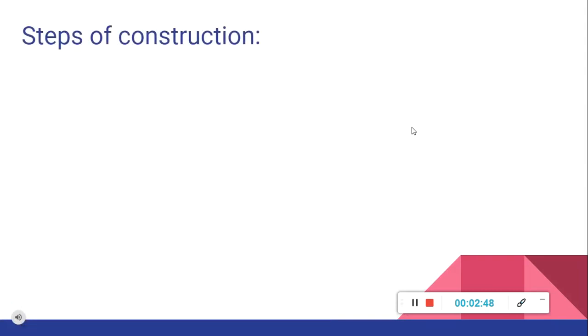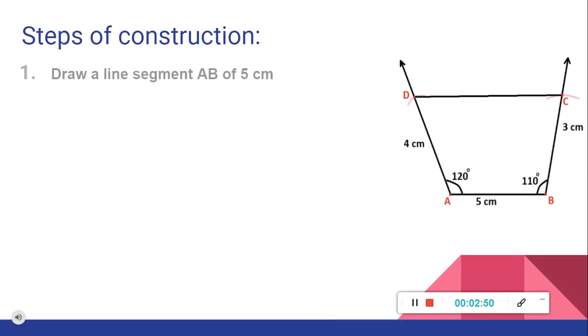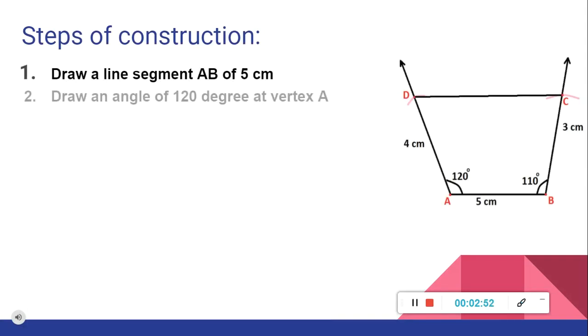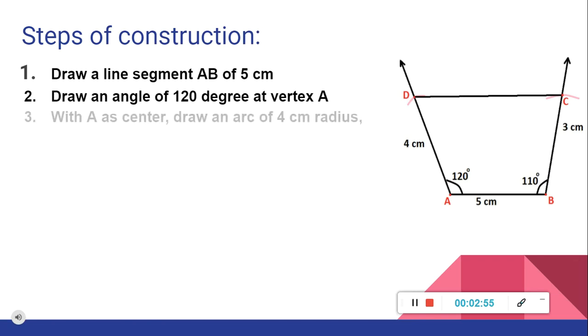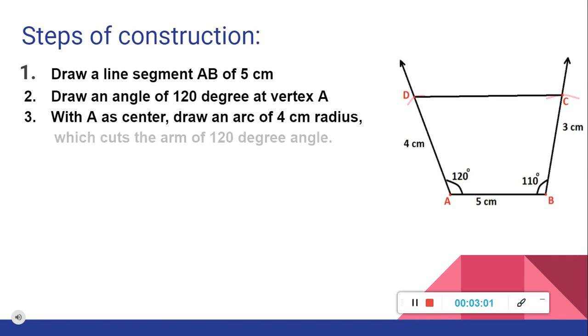Now let's quickly recollect the steps of construction again. First, draw a line segment AB of 5 centimeters. Second, draw an angle of 120 degrees at vertex A. Third, with A as center, draw an arc of 4 centimeter radius which cuts the arm of the 120 degree angle.